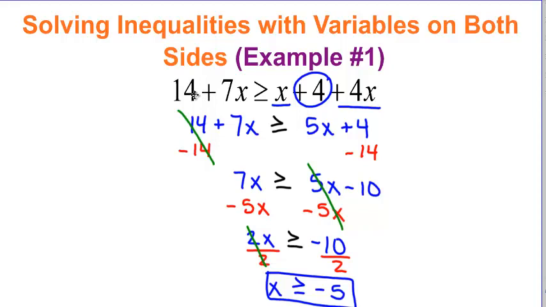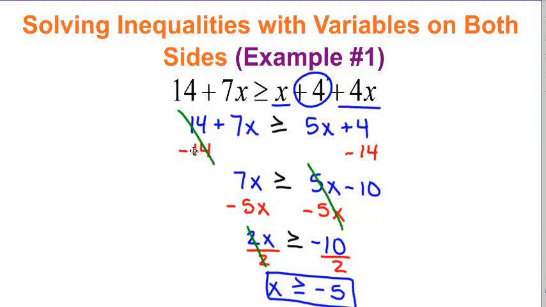Well, on the left-hand side, 14 and 7x are not like terms, so we can't combine them. But on the right-hand side, we can combine x and 4x to make 5x, and we just bring our plus 4 down. Now we have 14 plus 7x is greater than or equal to 5x plus 4.